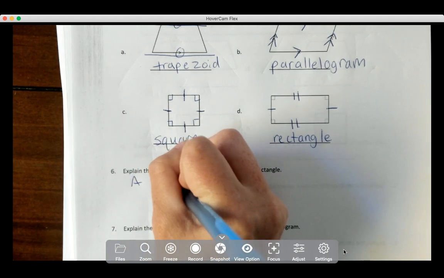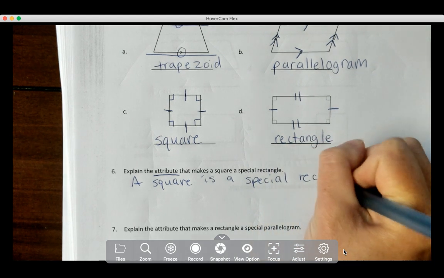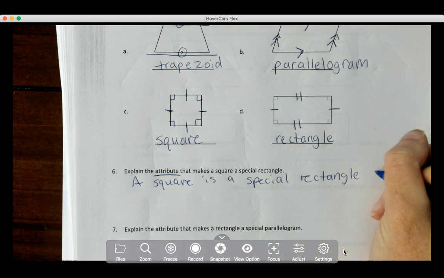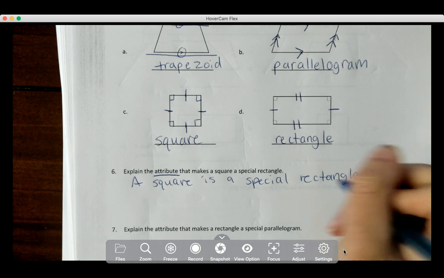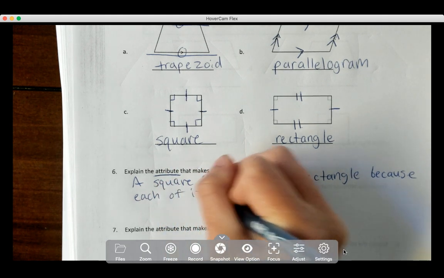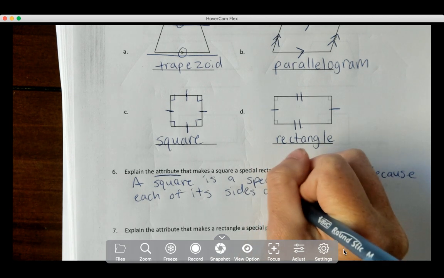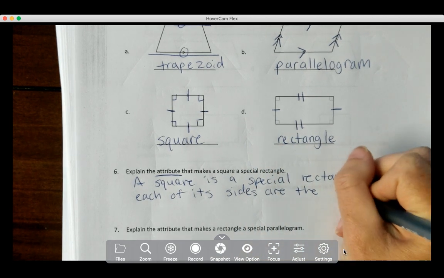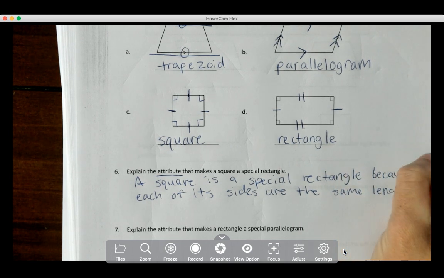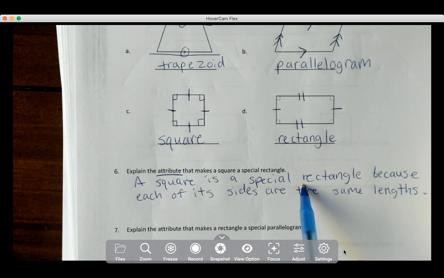A square is a special rectangle because each of its sides are the same length. So a square is a special rectangle because a square has all equal sides.